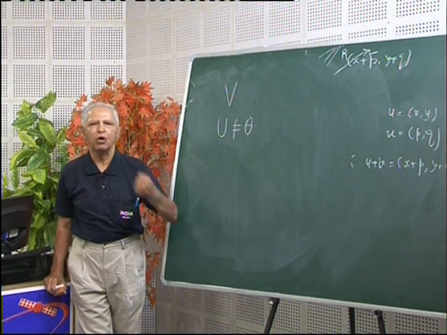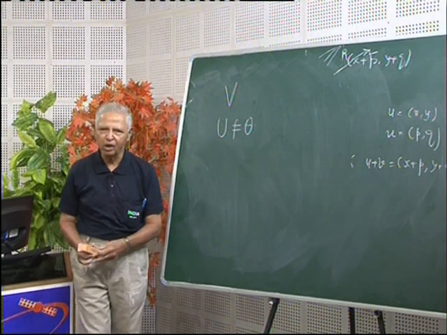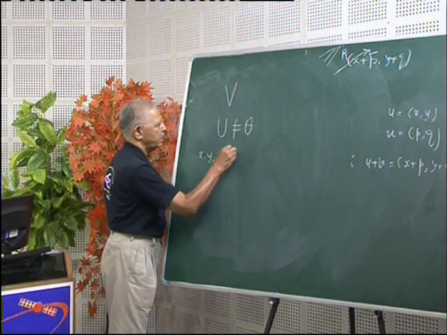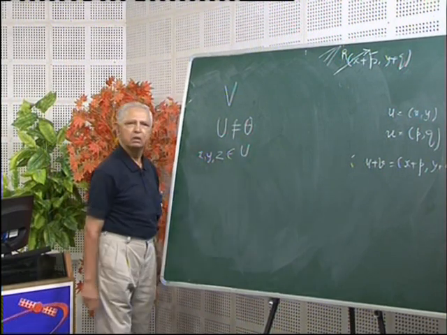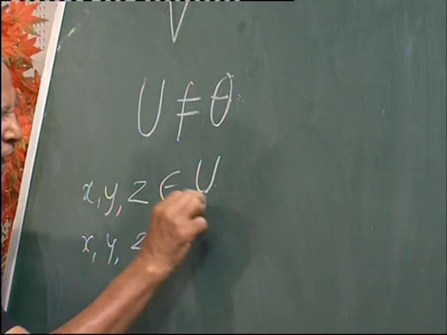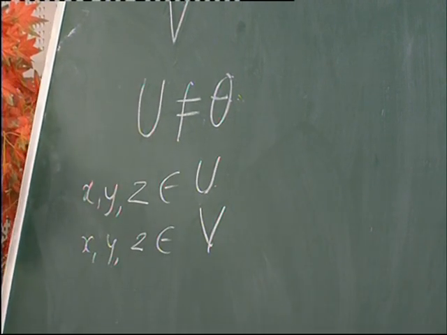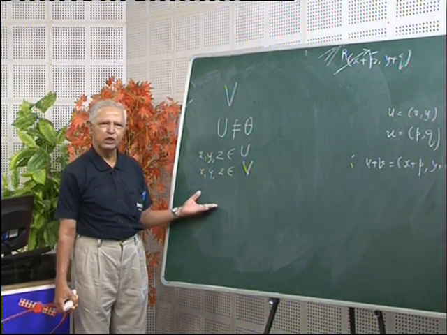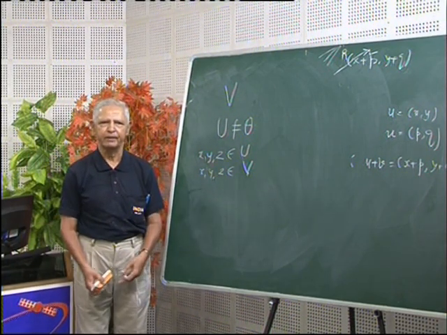If x, y, z belong to U, then the vectors x, y, z are also elements of V, and V being a vector space, the commutative and associative properties are both satisfied.